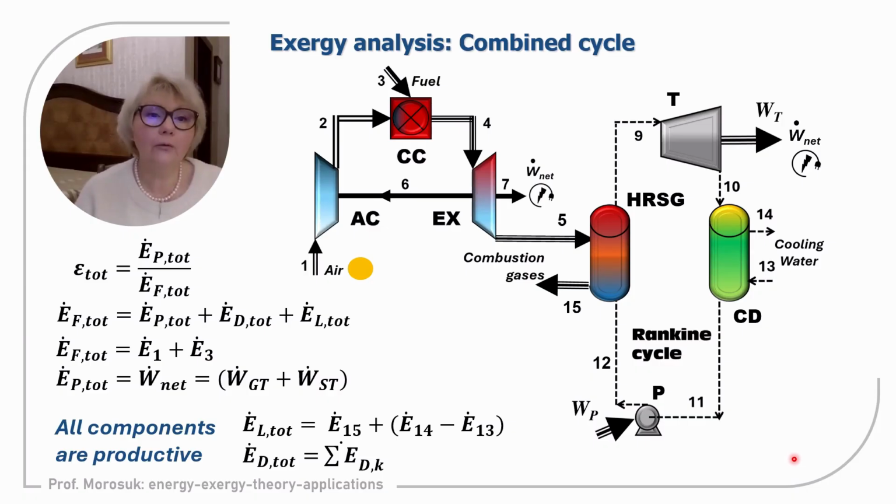But very often for a combined cycle power plant, we can consider the condenser a dissipative component, then streams 13 and 14 will not be included, and the condenser will be treated as a dissipative component. So exergy destruction will be a little bit higher because losses will be lower. But this we discussed in the previous lecture.